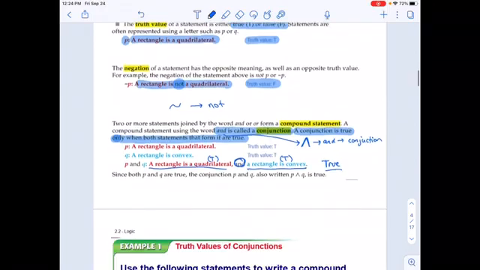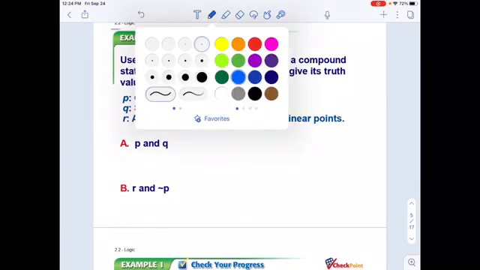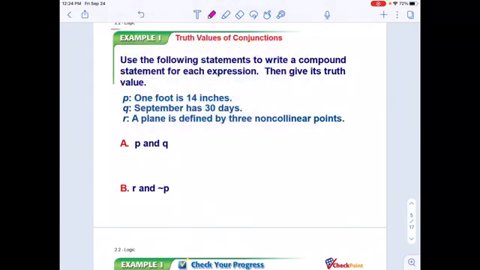So let's try a couple others. Use the following statement to write a compound statement for each expression. Then give its truth value. So what I like to do is I like to write the truth value of each one individually. 1 foot is 14 inches. Well, that's not true. 1 foot is 12 inches. September does have 30 days.